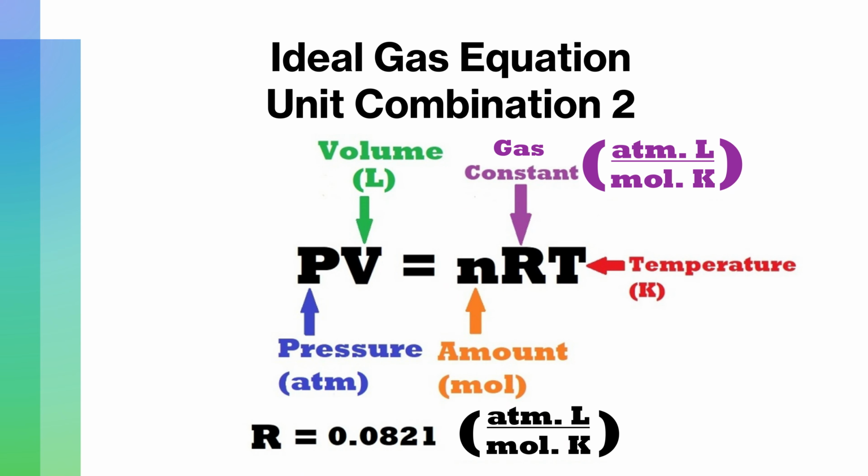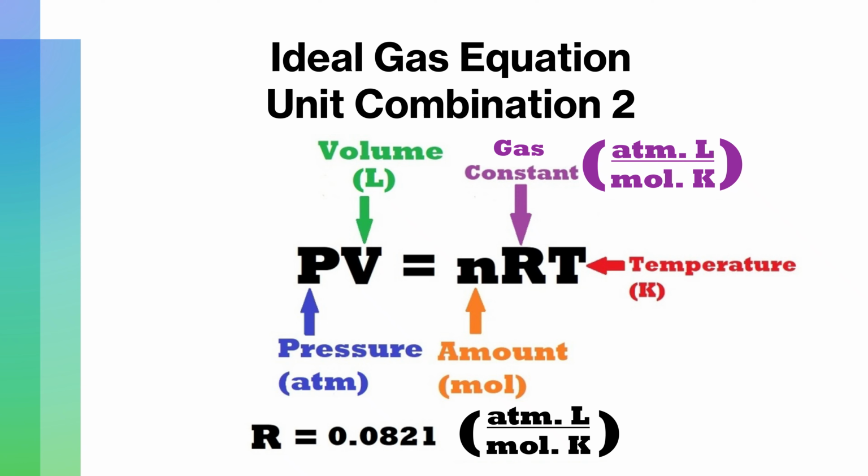Okay, and let's look at unit combination 2. So as you can see, the arrangement of the equation is exactly the same. P times V, pressure times volume, is equal to N times R times T, the amount in moles times the gas constant times temperature. The only difference is the units we're going to use.